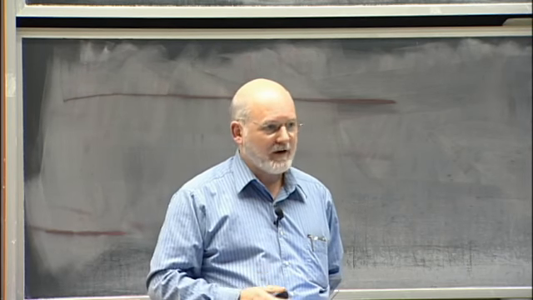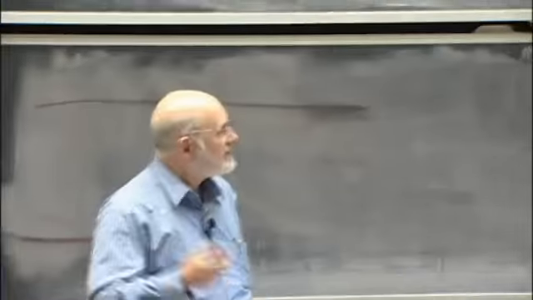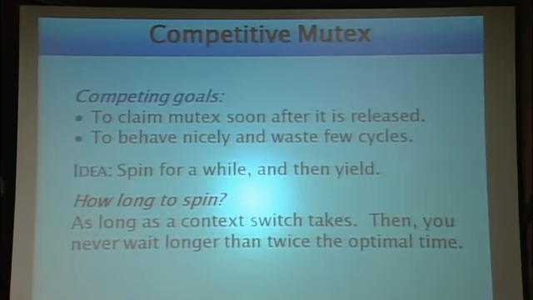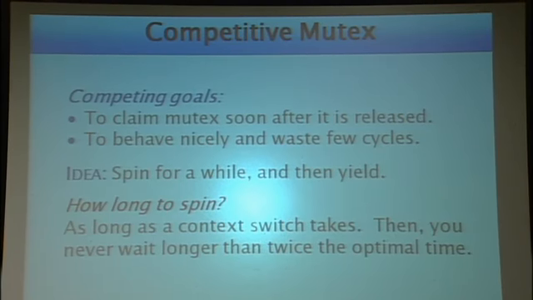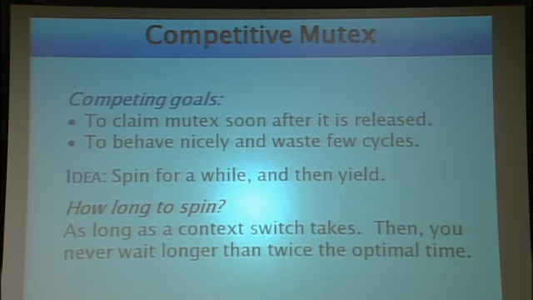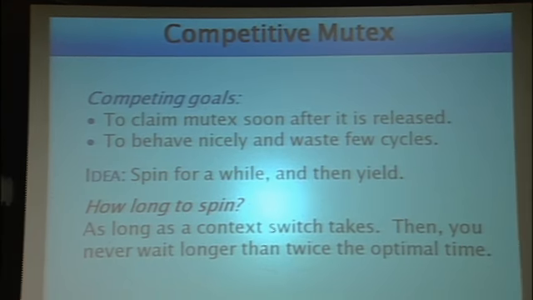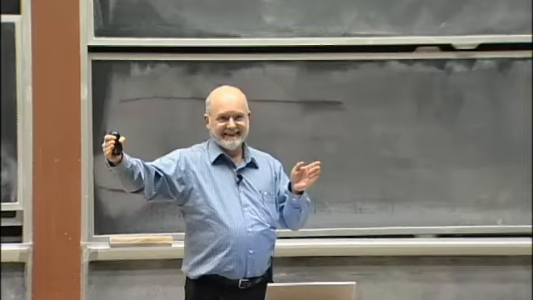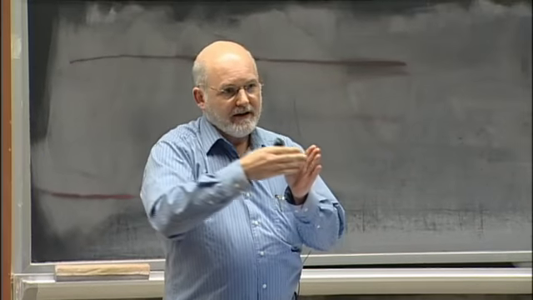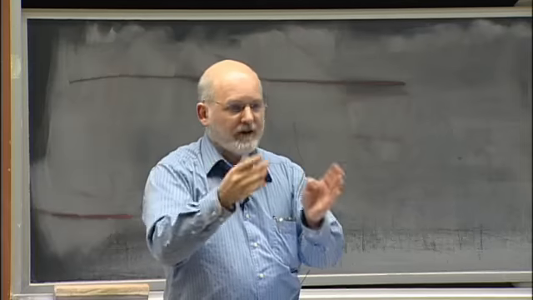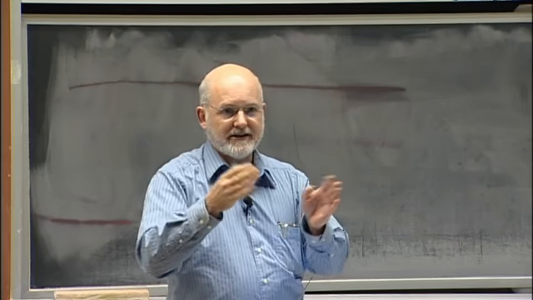Yeah, exactly. So what you do is you spin for basically as long as a context switch takes. So if you spin for as long as it takes to do a context switch and then do a context switch, if the mutex became immediately available, well, you're only going to wait double what you would have waited. And if in the meantime, during that first part where you're spinning it becomes available, you're not waiting any longer than you actually have to.